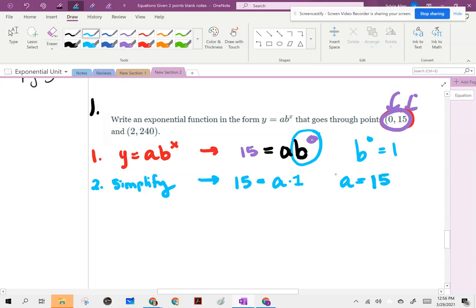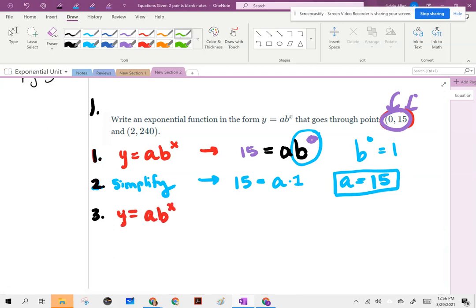Okay, so I'm going to box that. Okay, now let's see, this was step 1, this was step 2. Step 3 says we're going to do the same thing again. Sorry about my pen. But this time we're going to use this other point.